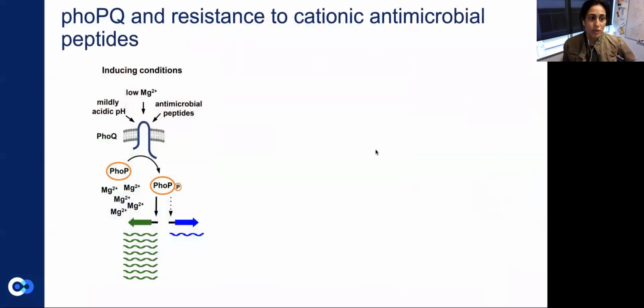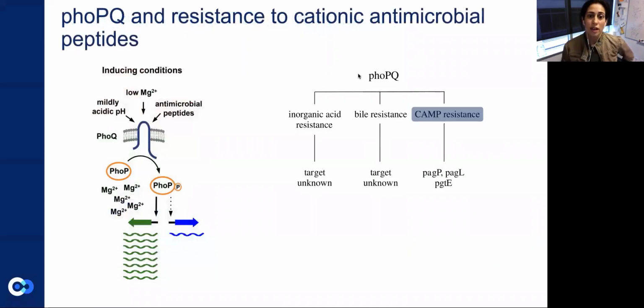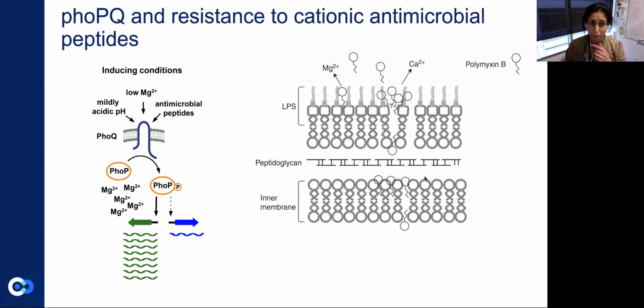And so I told you that PhoP/PhoQ is actually involved in imparting resistance to host antimicrobial peptides. And these host antimicrobial peptides are an important host mechanism to defend against intracellular pathogens. One of the antibiotics that is commonly in use, that is polymyxin B, is actually of a very similar cationic nature as these host antimicrobial peptides.